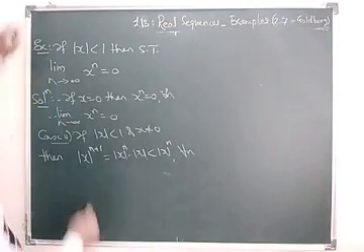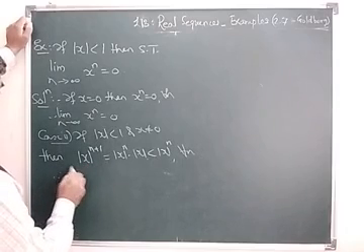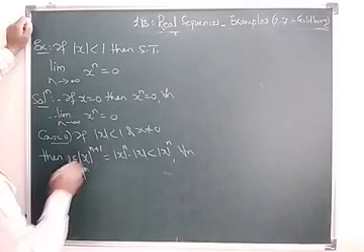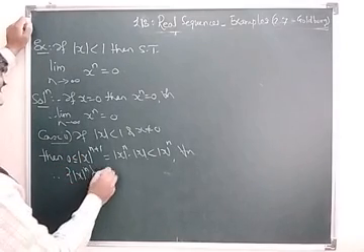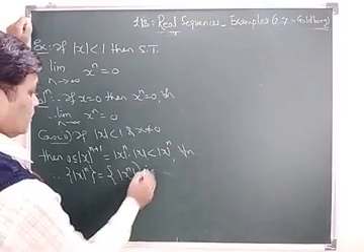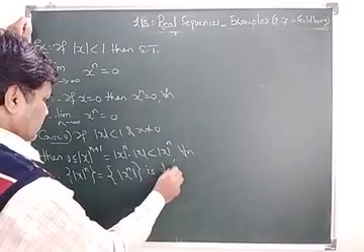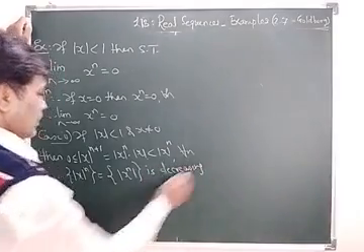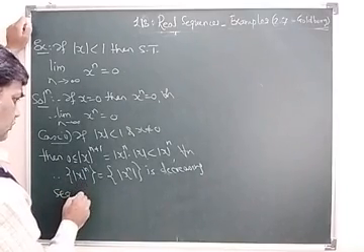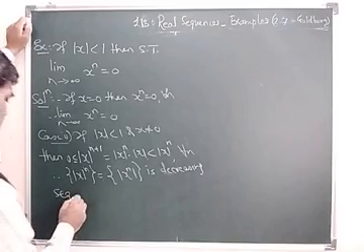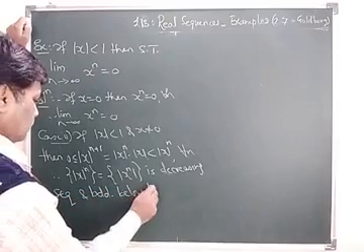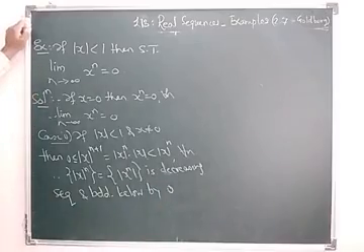Is it clear? And therefore mod x raised to n, which is nothing but mod of x raised to n, is a decreasing sequence, decreasing sequence and bounded below by 0. Okay.